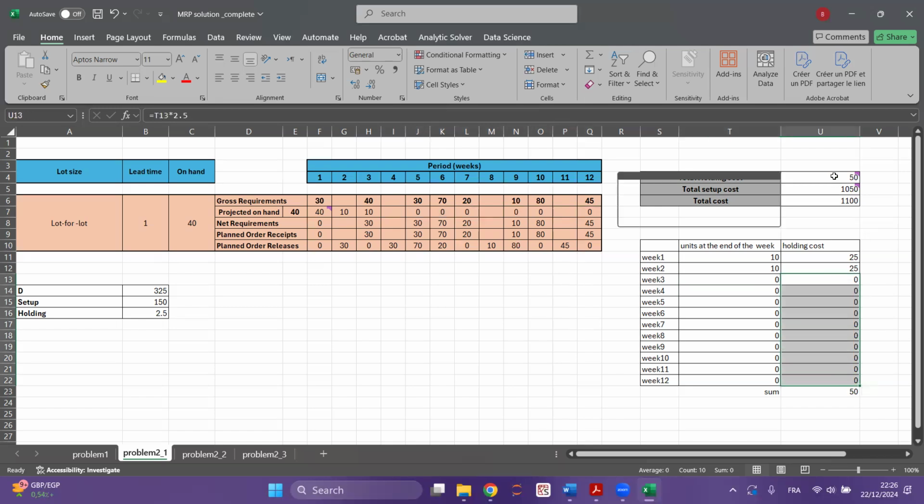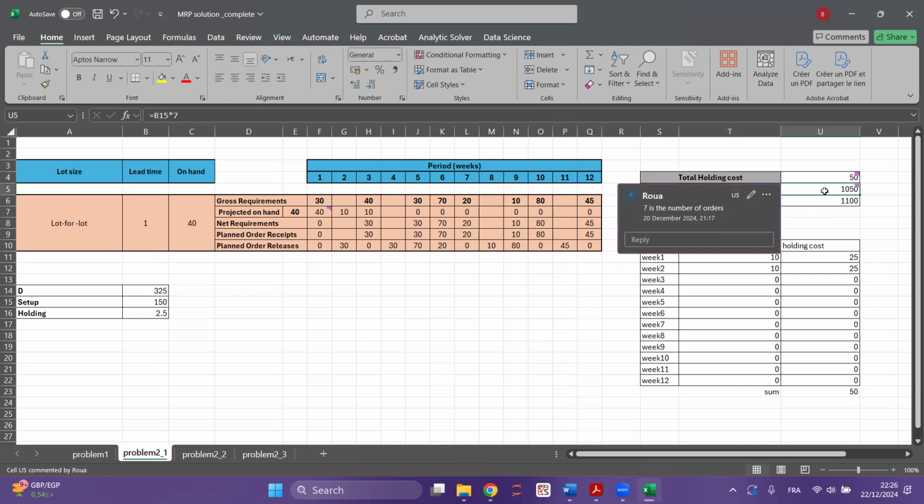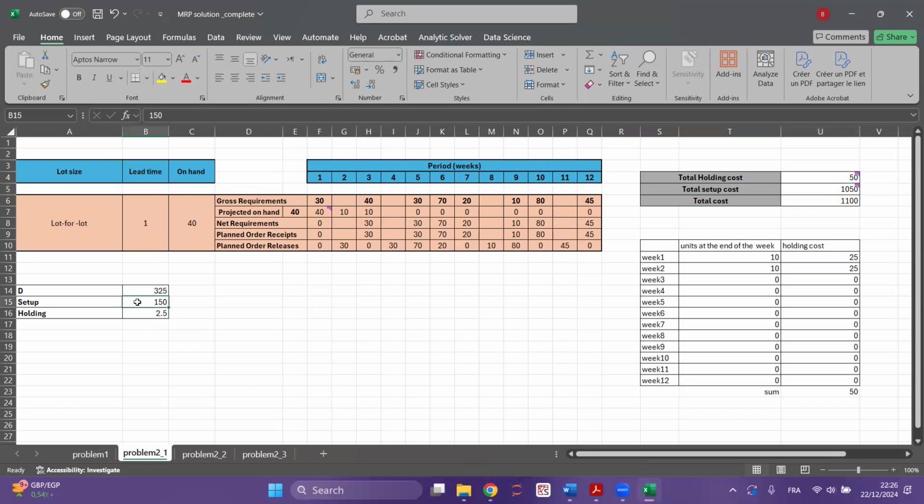So we end up with $50 as the total holding cost. The total setup cost, or the total ordering cost, is just multiplying the number of orders by the setup cost per order, the unitary setup cost. Okay, so this is it for the lot-for-lot technique.